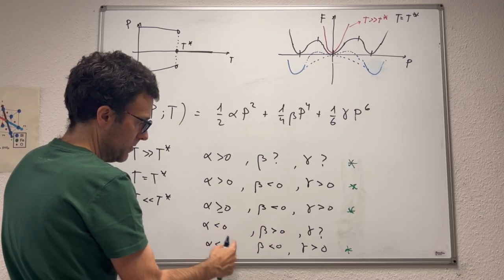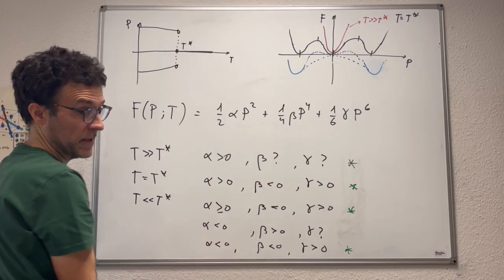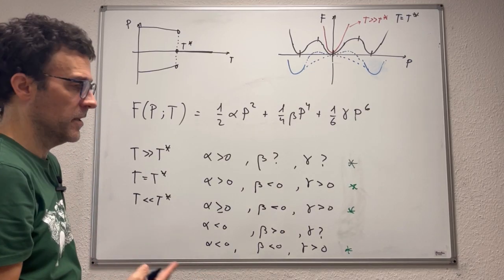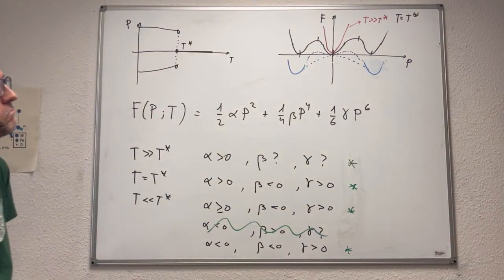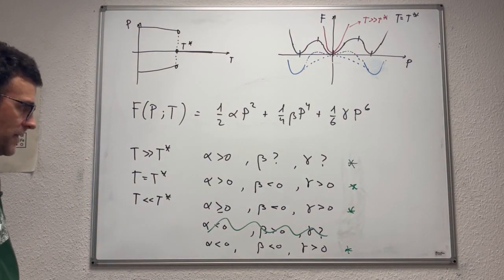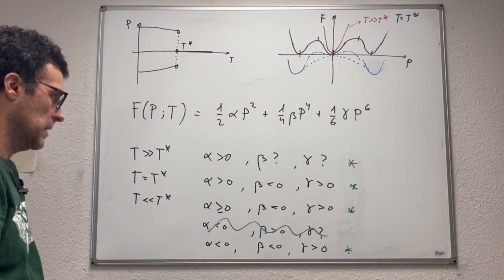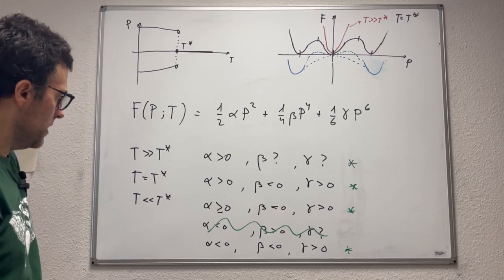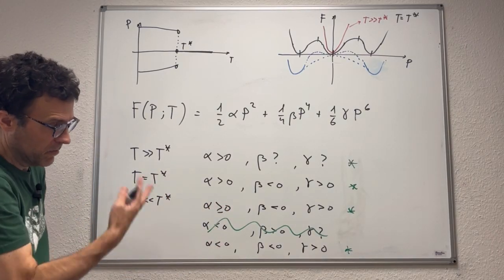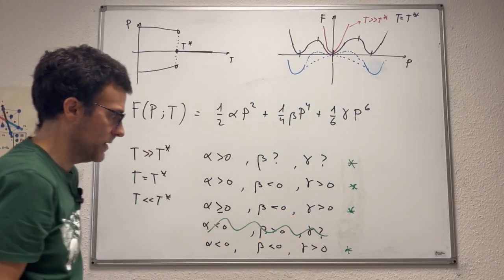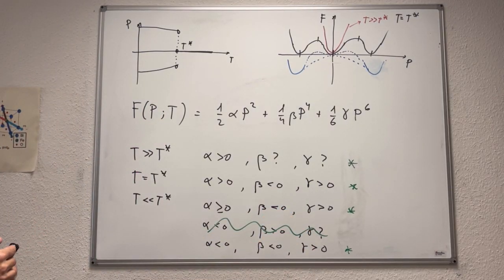So both alpha and beta would have to change sign as a function of temperature. That's definitely not simple, so tentatively we are going to disregard that one and stay with the rest. The only ambiguity is that, depending on where we are at low temperature, alpha can be positive or negative, but everything else is fixed and potentially temperature independent.